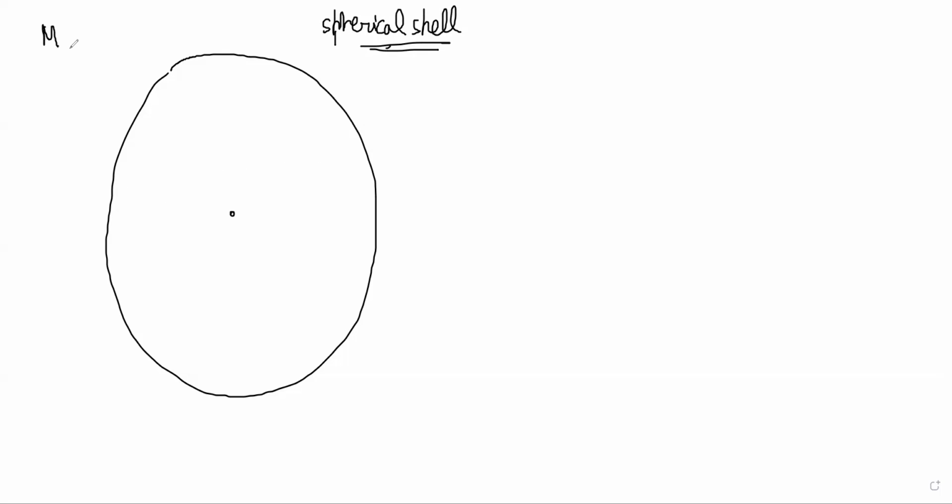Mass is m, let's say radius of the shell is a. You have to find field or potential at a point P here, which is at a distance r. The spherical shell is like this, so we have to find a way to represent the mass contained on that shell's surface area. What we will do is use the ring concept. First, I'll draw a radius like this, which makes an angle theta, and I'll rotate the radius all around this line.